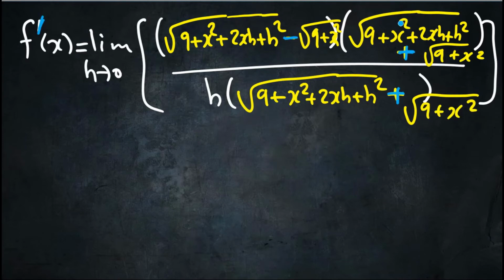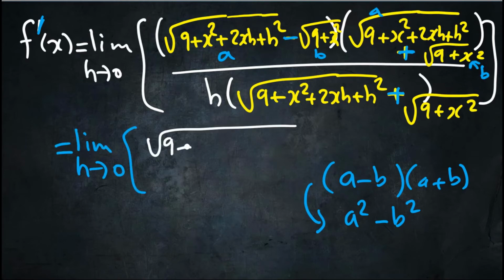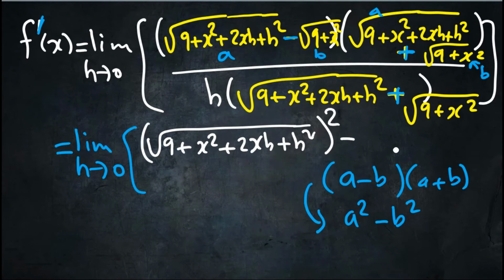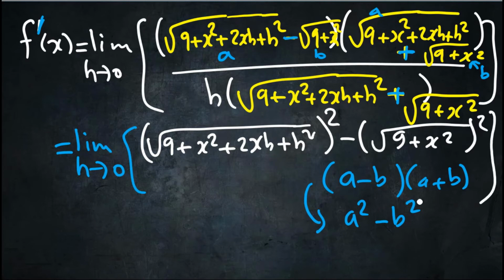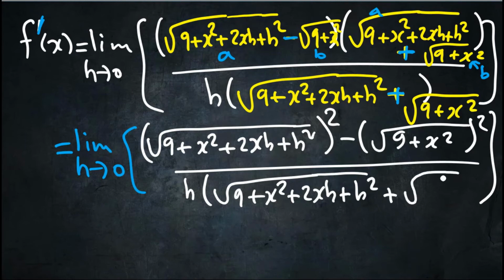a minus b times a plus b is a squared minus b squared. We have 9 plus x squared plus 2xh plus h squared, squared, minus the root of 9 plus x squared, squared, over h times the square root of 9 plus x squared plus 2xh plus h squared plus the root of 9 plus x squared.